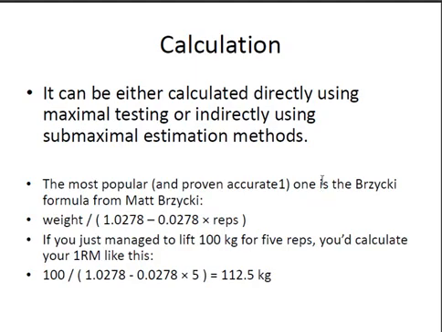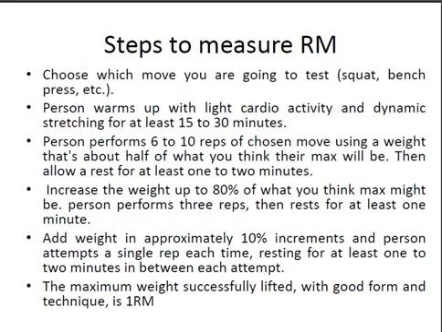Otherwise, the most popular and proven accurate one is Brzycki's formula, in which we take the weight lifted and divide it by 1.0278 minus 0.0278 times the number of repetitions. For example, if you just manage to lift 100 kgs for 5 repetitions, you can calculate repetition maximum by the following formula.